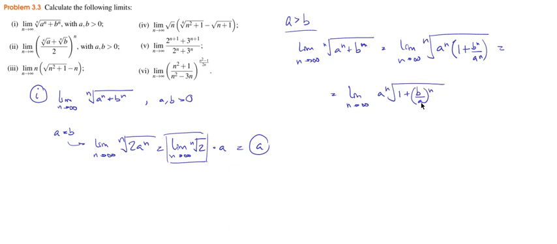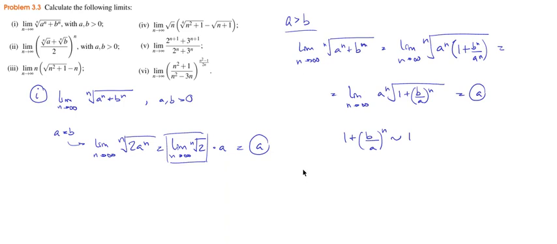Now when n is very large, this 1 plus b over a to the n is very similar to 1, because this thing is going to 0. So this is the limit of a number very close to 1, but we know that the nth root of any number is going to be 1. So this limit is a.